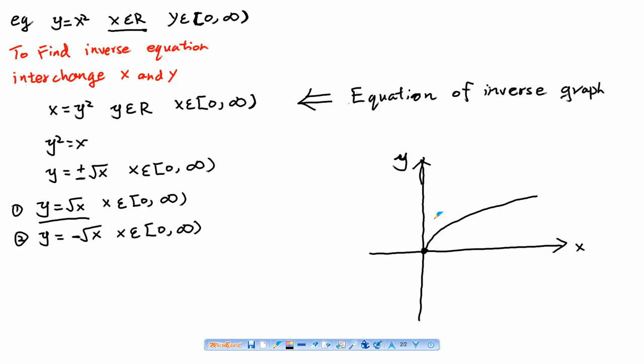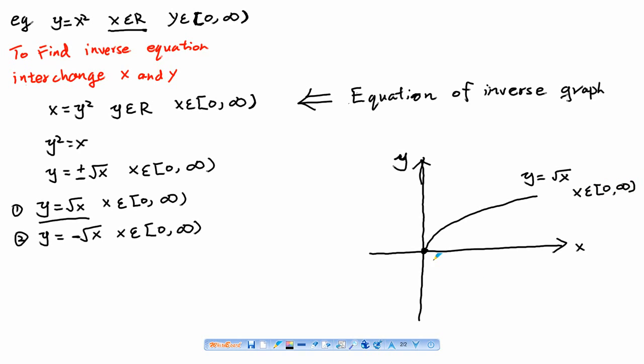Similarly, y equals minus square root of x would be just a reflection of the standard graph on the x-axis. So just label y equals square root of x, and the domain is x belongs to square bracket 0 to infinity.